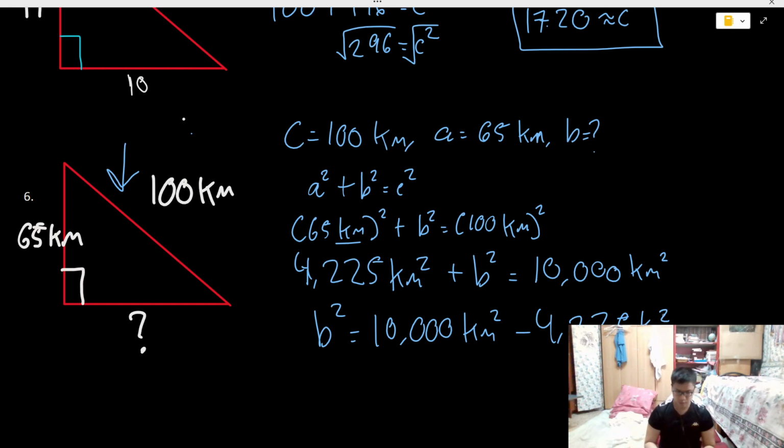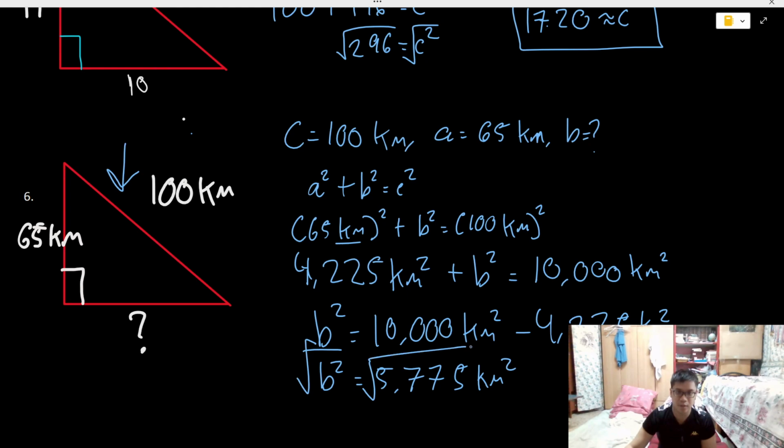So 10,000 minus 4,225. This is actually 5,775 kilometers squared. Now, we square root both sides to find your B.